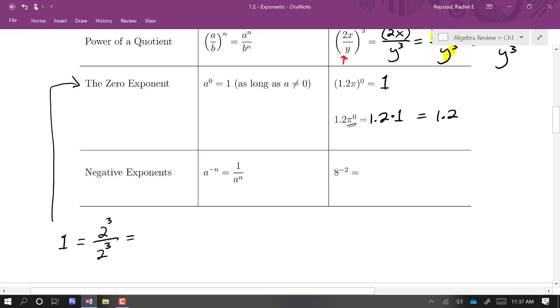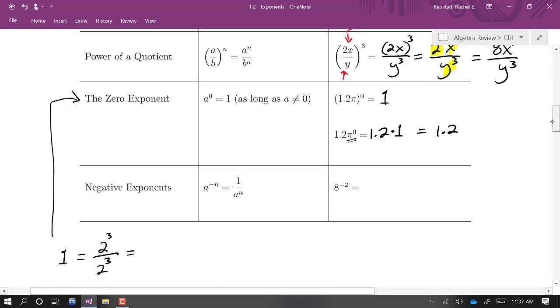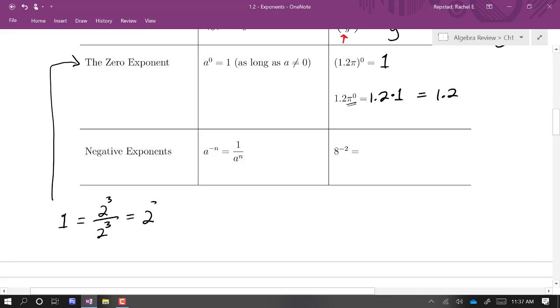On the other hand, I have the same base raised to powers, and I'm dividing. So if I go up to the second rule, I know that I can just subtract those exponents. So this is 2 to the 3 minus 3, or 2 to the 0. And of course you could write an example like this for any non-zero base.